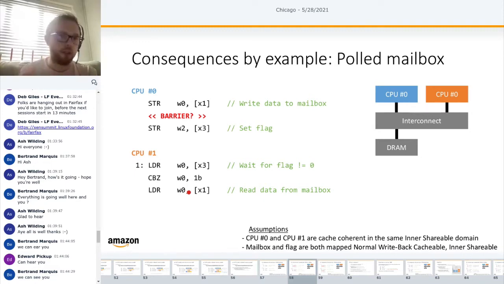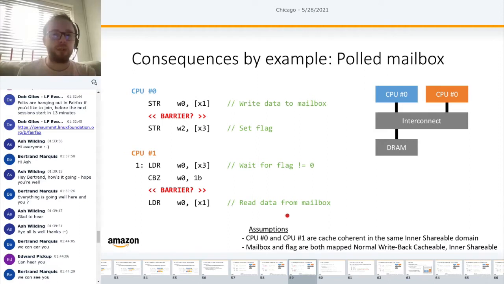Again, the only thing that's going to stop those things being reordered is if there's a register dependency or an address dependency. So ask yourself, is there a register dependency here? No. You might think, well, they're both writing to W0, but that doesn't matter. That's not actually a register dependency. And there's definitely no address dependency either. So actually, I need a barrier here as well, just in case the processor either speculates past the branch or simply reorders the second load to before the first.